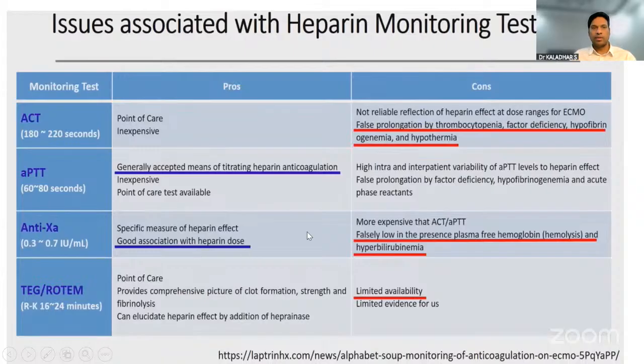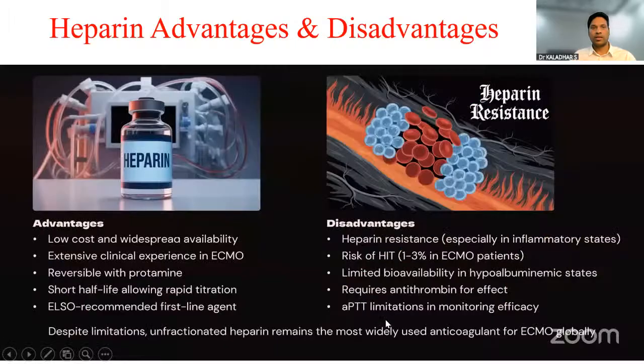Compared to ACT and APTT, this looks more promising, but of course there are some limitations for this also. TEG and ROTEM are also point of care, and they provide a global function of the coagulation cascade. Basically, it gives a comprehensive picture, but there is definitely limited availability across different centers.